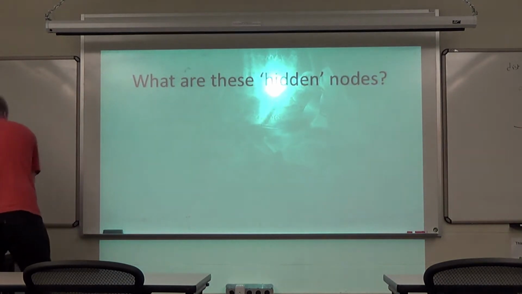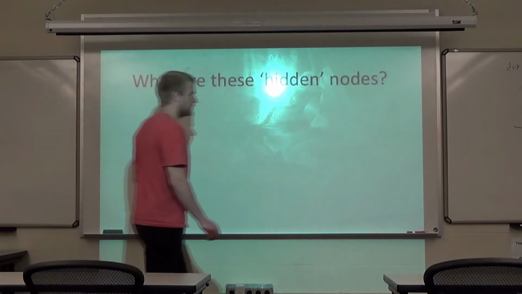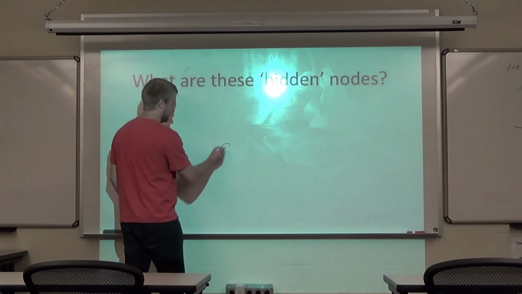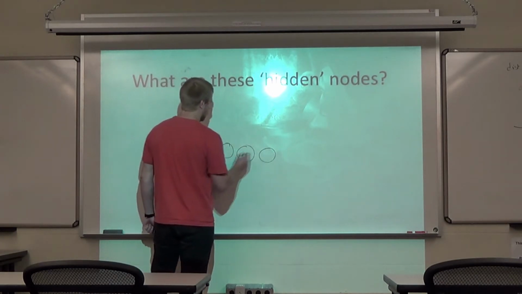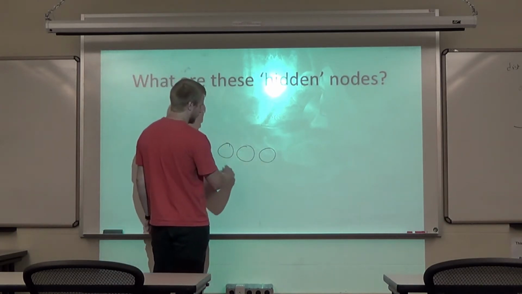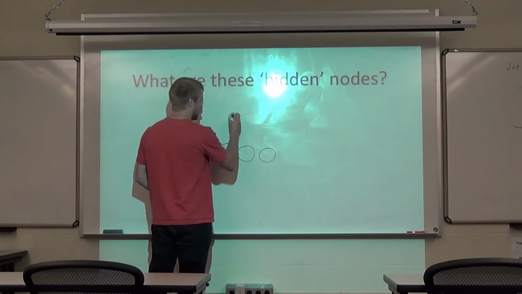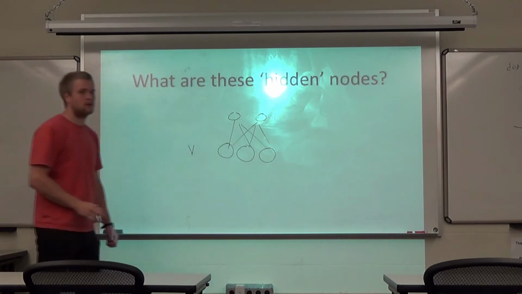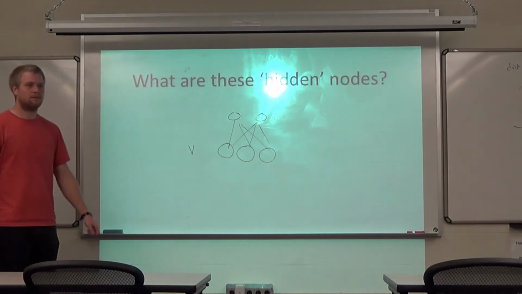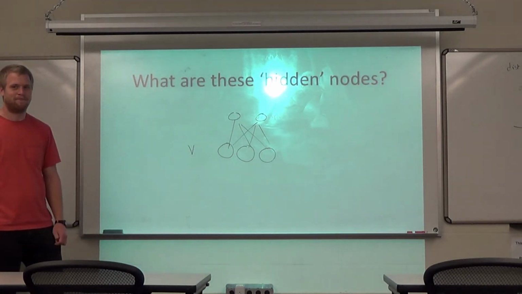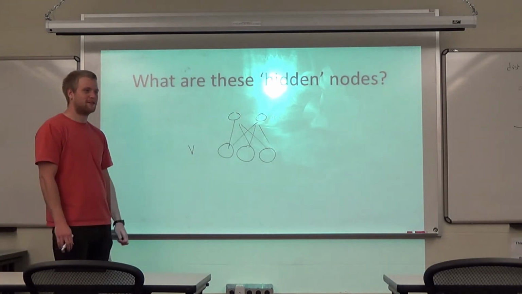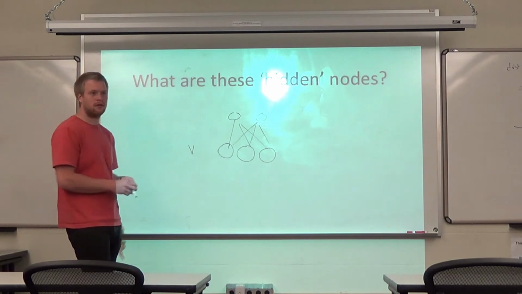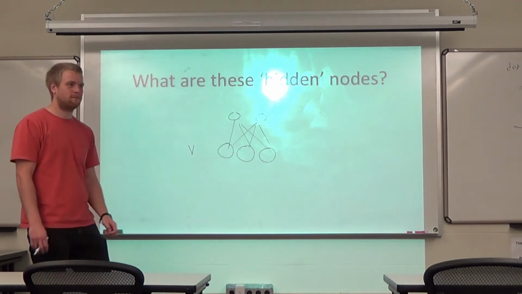In the network we normally have some visible nodes, and these are set by the data, and then we have some hidden nodes. So what are these hidden nodes? Someone have an answer? Nothing too specific, just an intuitive answer.